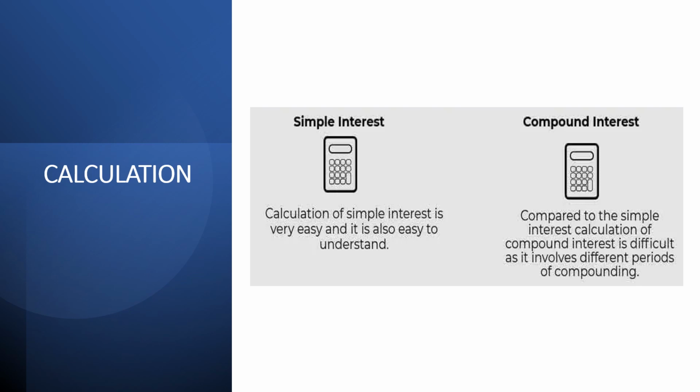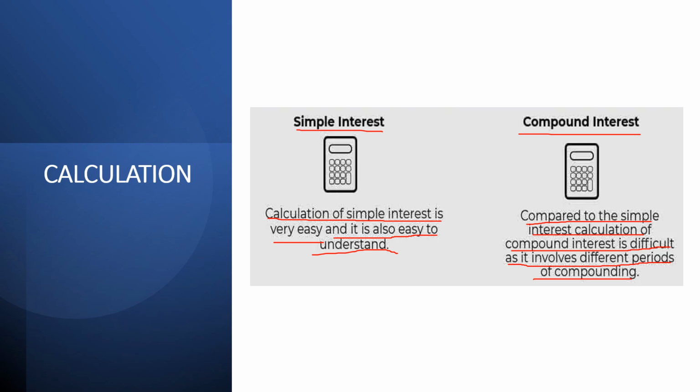For the calculation, simple interest is very easy and easy to understand because your principal and your rate of interest from the first year of payment up to the last year of payment are constant. For compound interest, calculation is difficult compared to simple interest as it involves different periods of compounding.